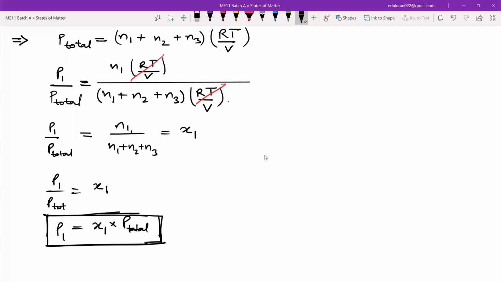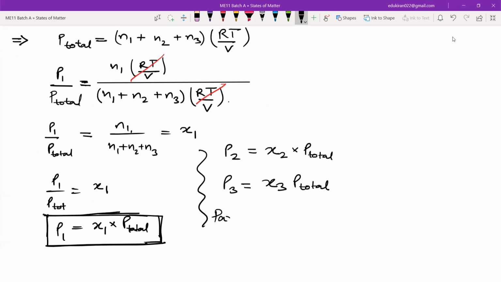So similarly, we can write about P2 and P3 also. So P2 will be equal to chi2 into P total, and P3 will be equal to chi3 into P total.